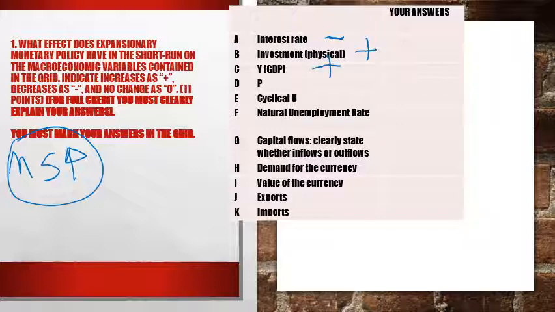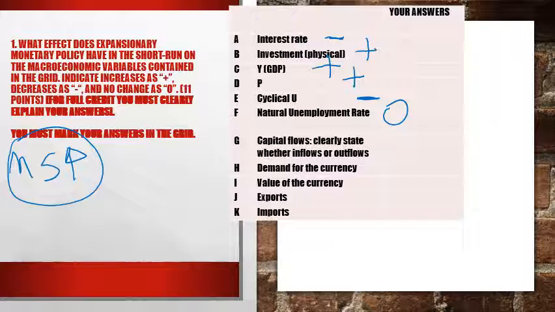General price level, up. This has a potential of being inflationary, this expansionary monetary policy. Cyclical unemployment, down. Natural unemployment rate, 0, no change.